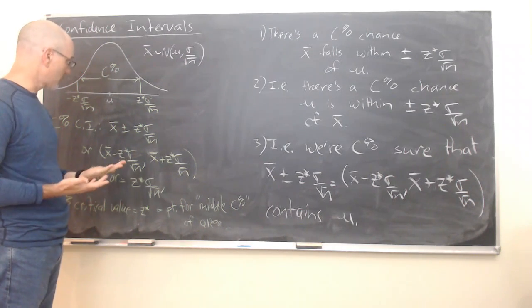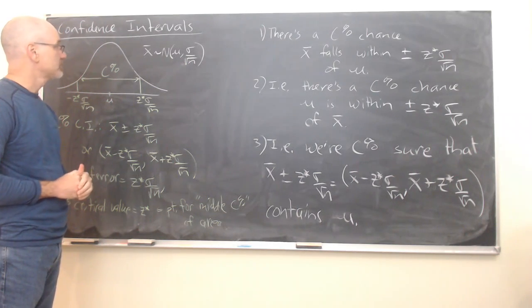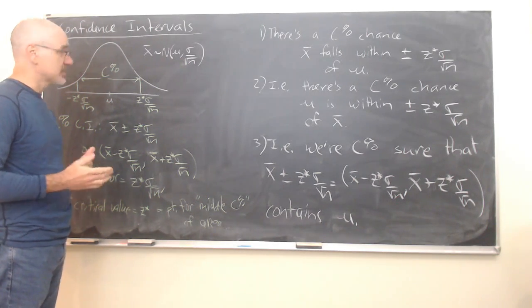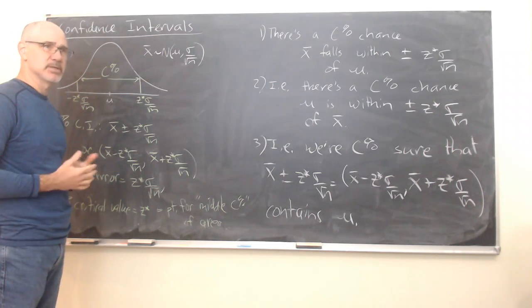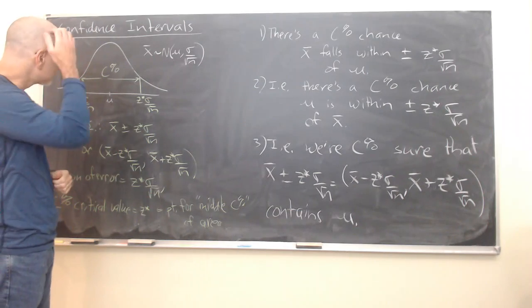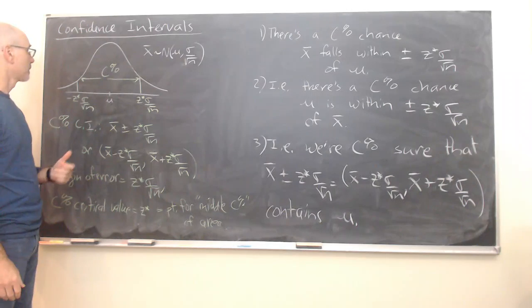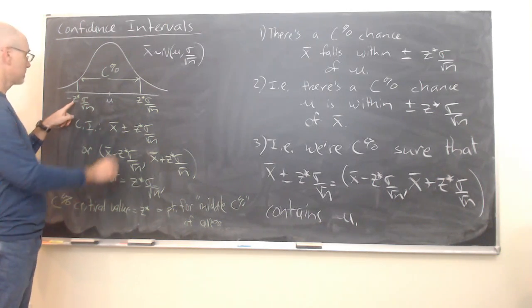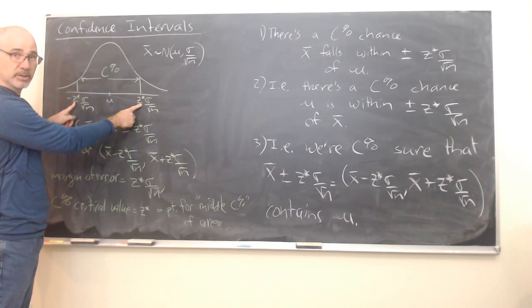And because it's a normal distribution, we know a fair amount about the percent chances that x bar is a certain distance away from mu. So the general setup is that we're going to let z star, so we have minus z star and z star.